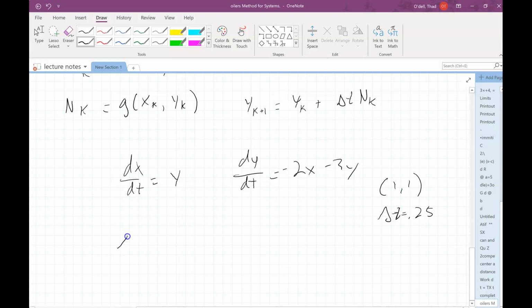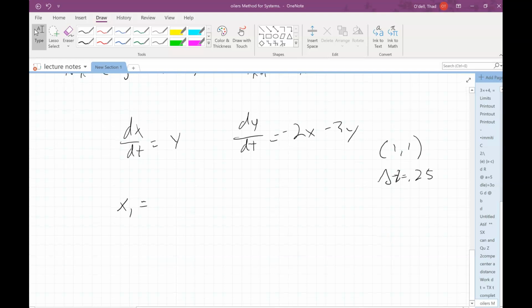Okay, so if I want to know what the first term is, this is my initial x and y. So my first x is going to be equal to 1 plus 0.25, because that's the step size, times my derivative evaluated at this point. Well, there's only one value to plug in, just the y, so I plug in 1 there.